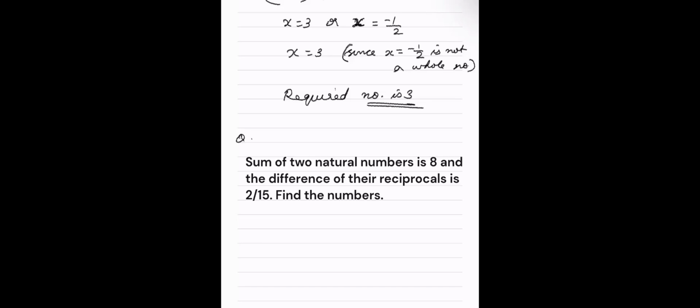Okay, so the next question: the sum of two natural numbers is 8 and the difference of their reciprocals is 2 by 15. Find the natural numbers. Sum of two natural numbers is 8 means let the numbers be x and y, so x plus y is 8.